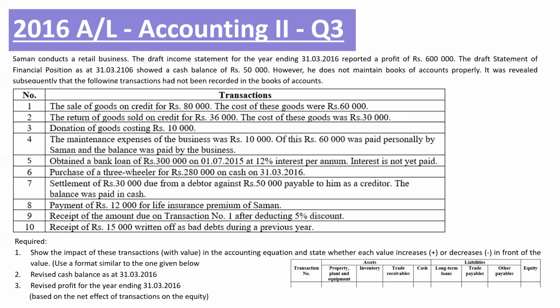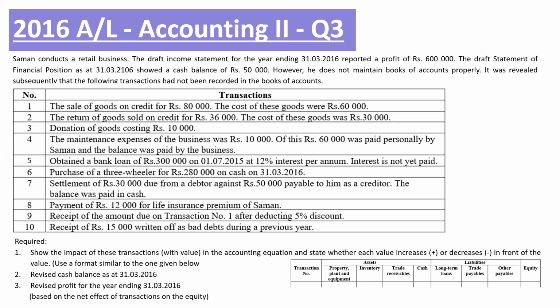So the first task is to show these transactions in the accounting equation. So there are 10 transactions. If you see required, show the impact of these transactions in the accounting equation and state whether each value increases or decreases in front of the value. Use a format similar to the one given below. So you have transaction number, assets, liabilities, equity.